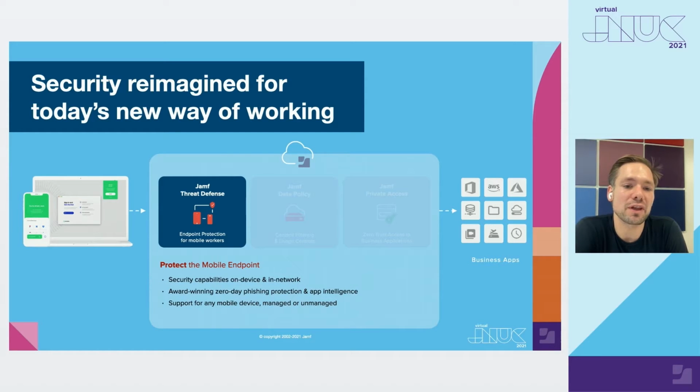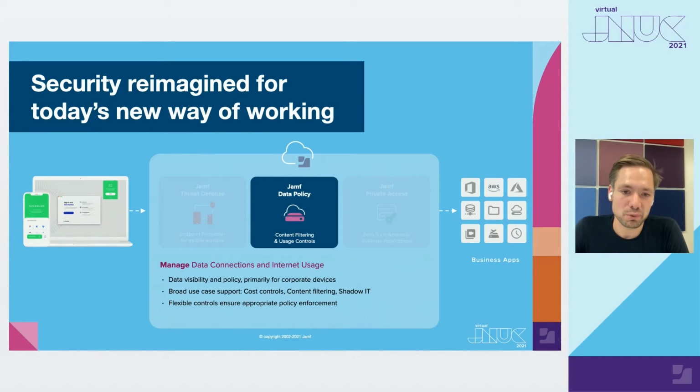Jamf Threat Defense is our threat defense solution that is there to provide both on-device as well as in-network protection, allowing your users to safely use the internet and use their phone for corporate purposes, ensuring that they do not install any malware on their device and protecting them from any kind of in-network threats, such as phishing attacks. This includes our award-winning zero-day phishing protection solution, powered by our MI:RIAM threat intelligence.